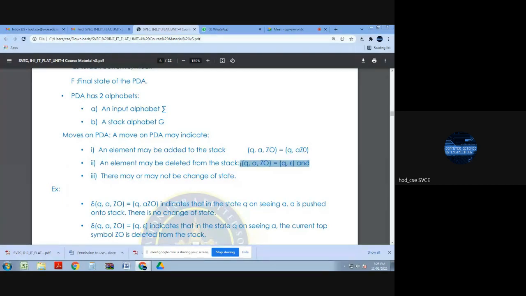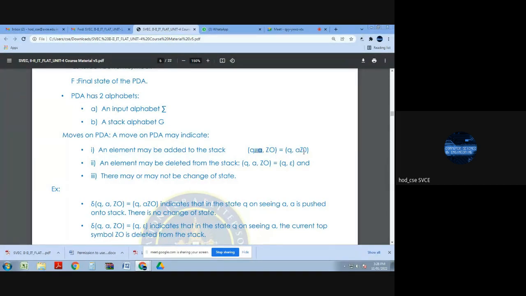For example, consider here Q is the present state, A represents the input from the alphabets, Z0 represents the initial or bottom of the stack. So now we are performing push operation. Z0 is the bottom of the stack. If you push A onto that stack, what happens?